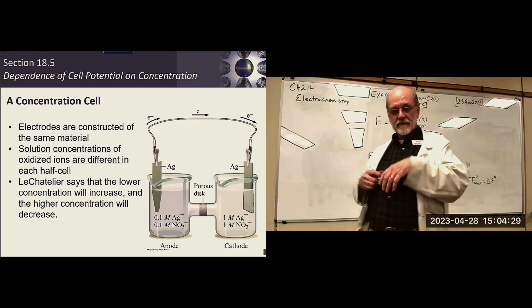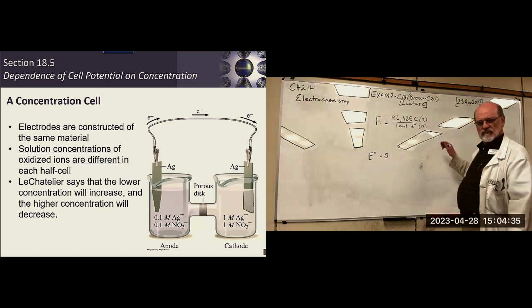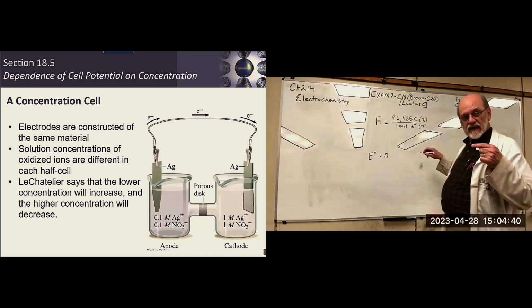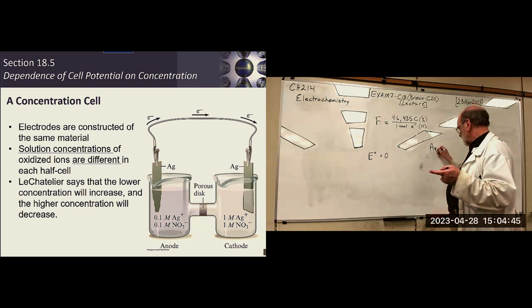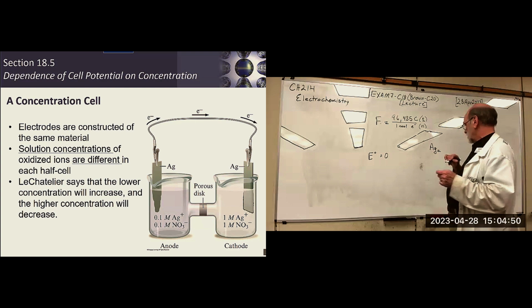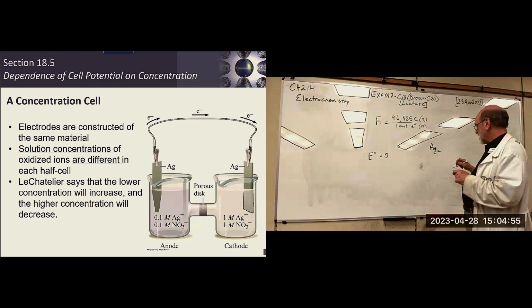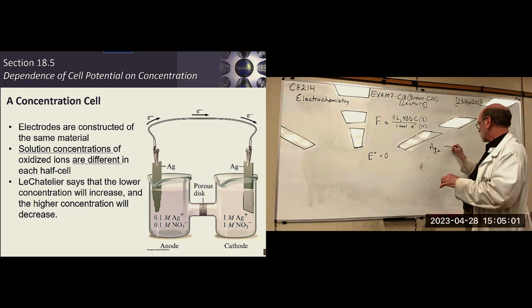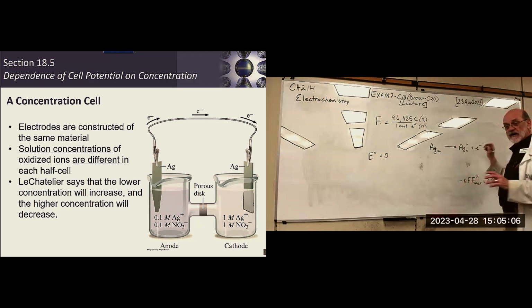So if we wrote this as a complete equation, then we would have silver in the anode, with a half reaction for that like this, plus an electron.